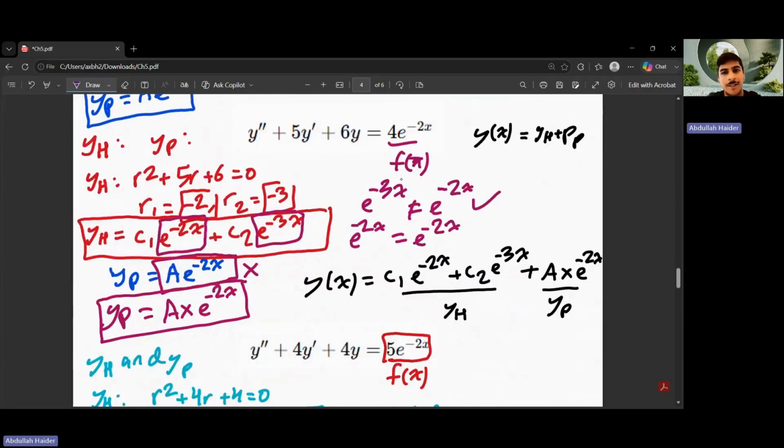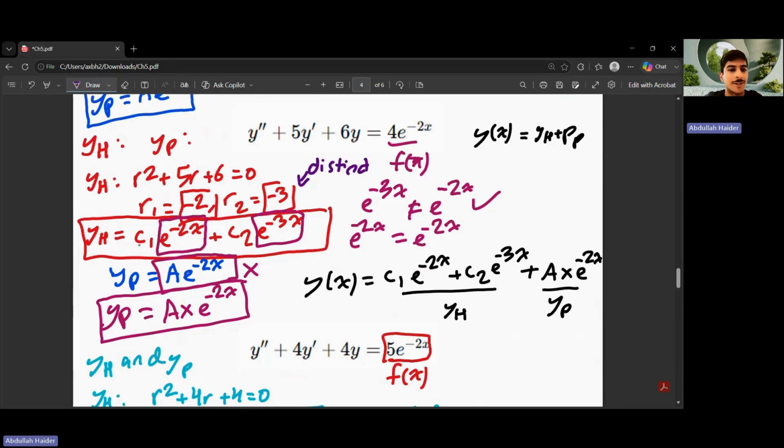Here we have an e power minus 2x on the right side. So as I said before, you find the homogeneous solution first. Make this in terms of R, solve for R, and these are again distinct roots.